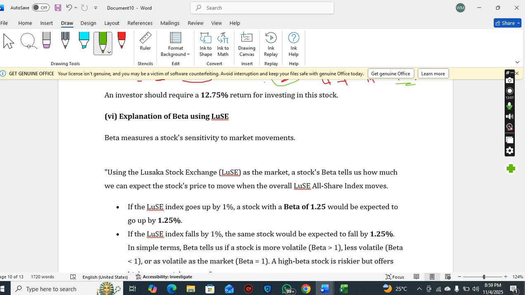So the next part, your explanation of beta using the Osaka Securities Exchange. So the market in the red line, the one with the green line, we'll say it has a beta of 1.25.